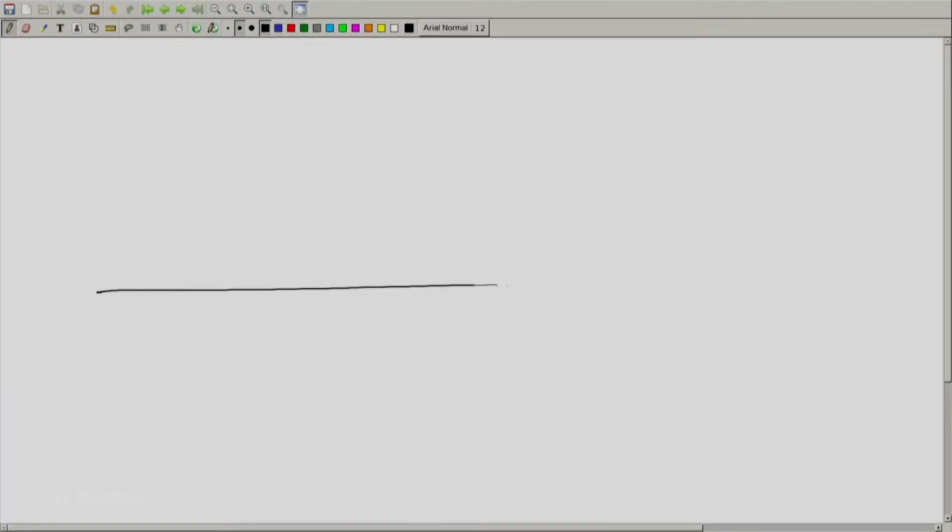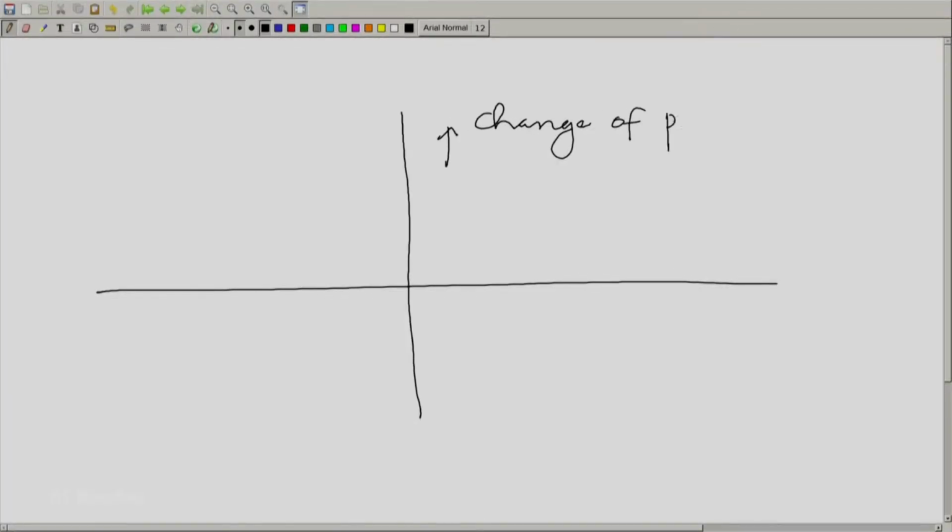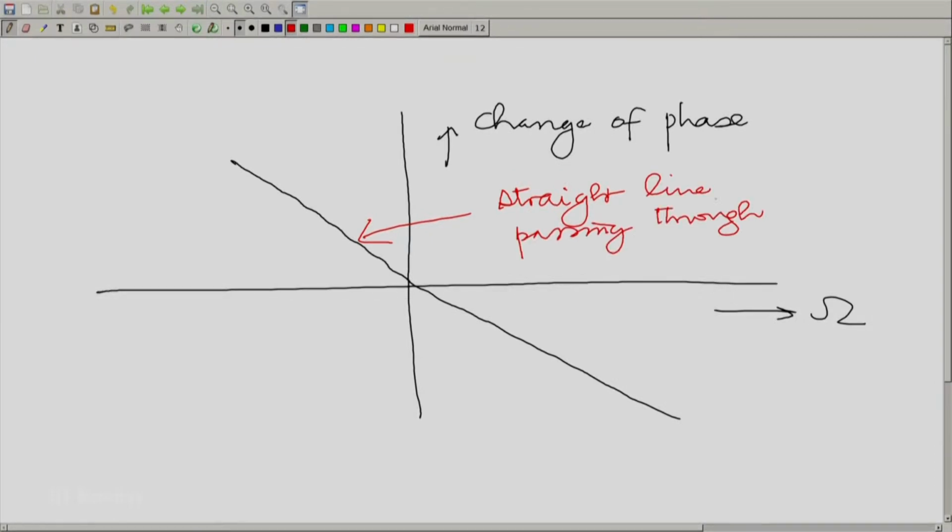That is a very interesting idea that we will see now. So, we will notice that the change of phase as a function of omega is essentially omega tau 0, in fact minus omega tau 0 to be precise. So, it is a straight line passing through the origin with a slope of minus tau 0.